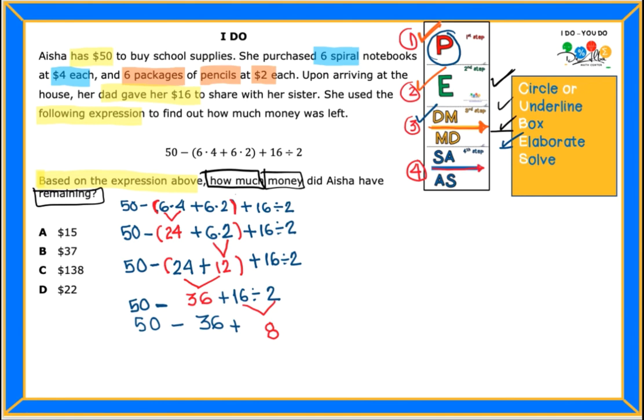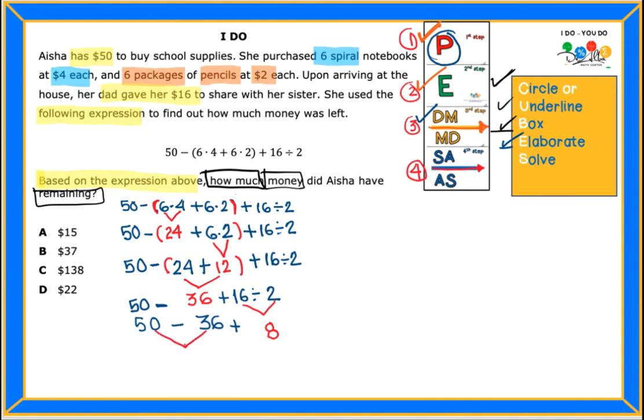What it means is it doesn't matter if we see the subtraction and then the addition, or the other way, if we see the addition and then the subtraction, whichever comes first from left to right. So here we have a subtraction, and that one came first from left to right. So this is the one that we're going to do first.